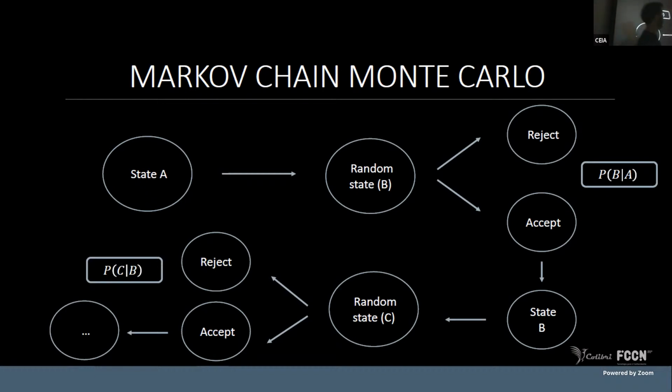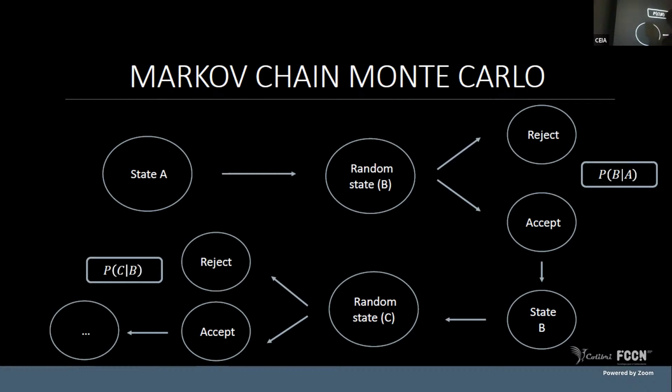So let's say we have a state A. It's our state, it has been accepted, and we start from that point. We have Monte Carlo sampling, and we generate a random state B. So now, like I told you before, we either accept it or reject it. And for that, we do a coin flip, but it's a special coin.